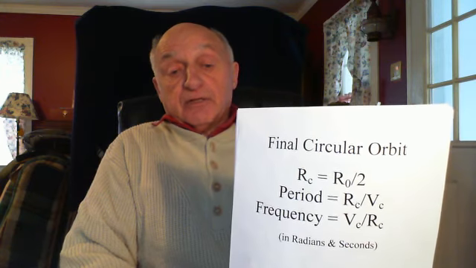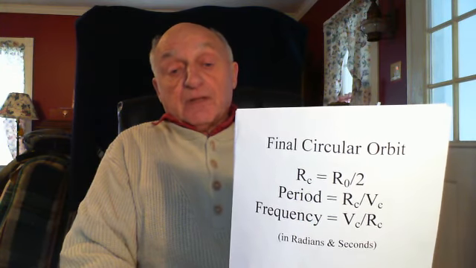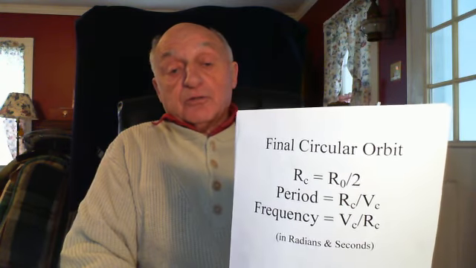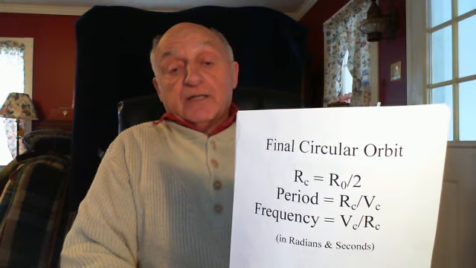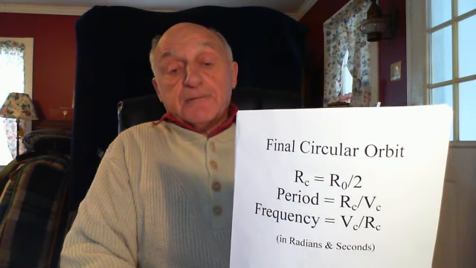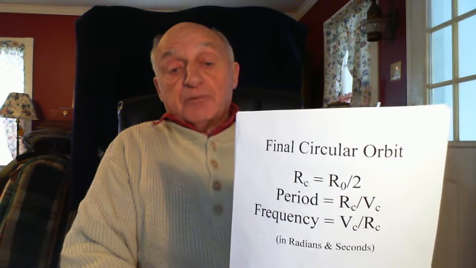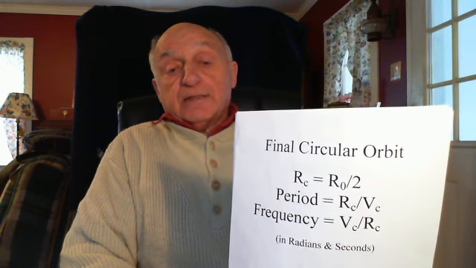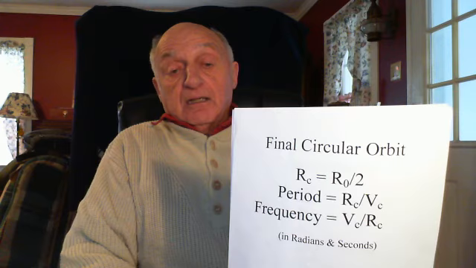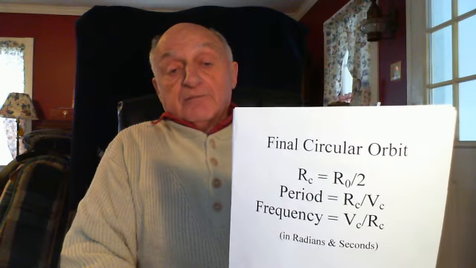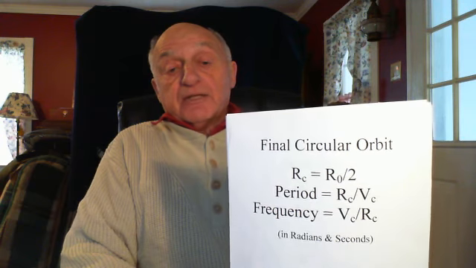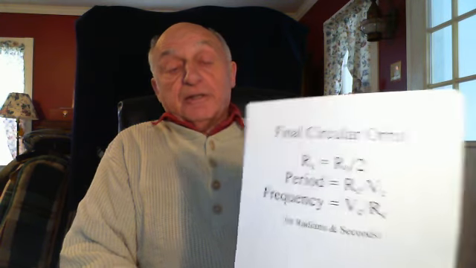That gives you the circular radius. The period, as with any period in a circular orbit, is equal to the radius of the circular orbit divided by the velocity in the circular orbit. Now this is a period which is in seconds per radian, not per cycle. If you want to use cycles, you have to multiply the r by 2 pi, but the radians are more of a natural unit of period. Frequency is the reverse of that, in radians per second of the circular orbit of the Moon.